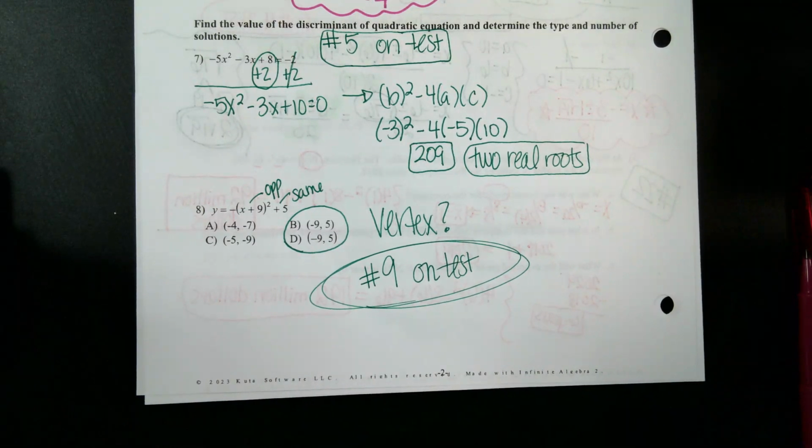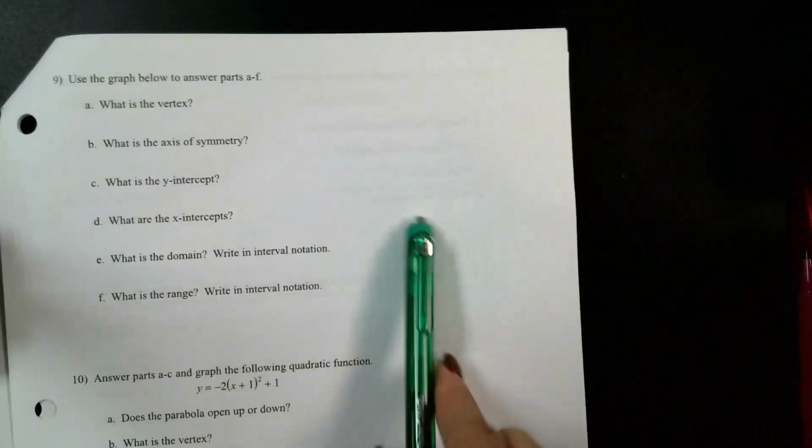Okay, how do you guys feel about that one? Good? Okay. Number 9's another one that printed wrong. If you guys actually looked at the answer key on 9, there was a graph here that you were supposed to use to answer the questions. I don't know what happened to it. It disappeared when I printed this. It's just gone.